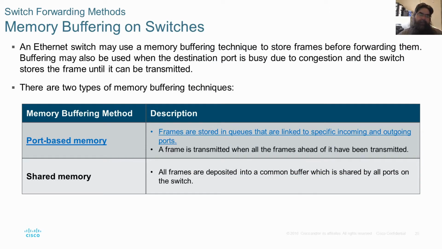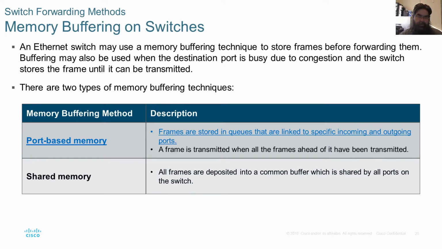Now, to keep track of all this information as it's either stored and forwarded, or a little bit is taken in, like the 64 bytes with the last session, we need to use buffers. We've got two types of buffers on switches.